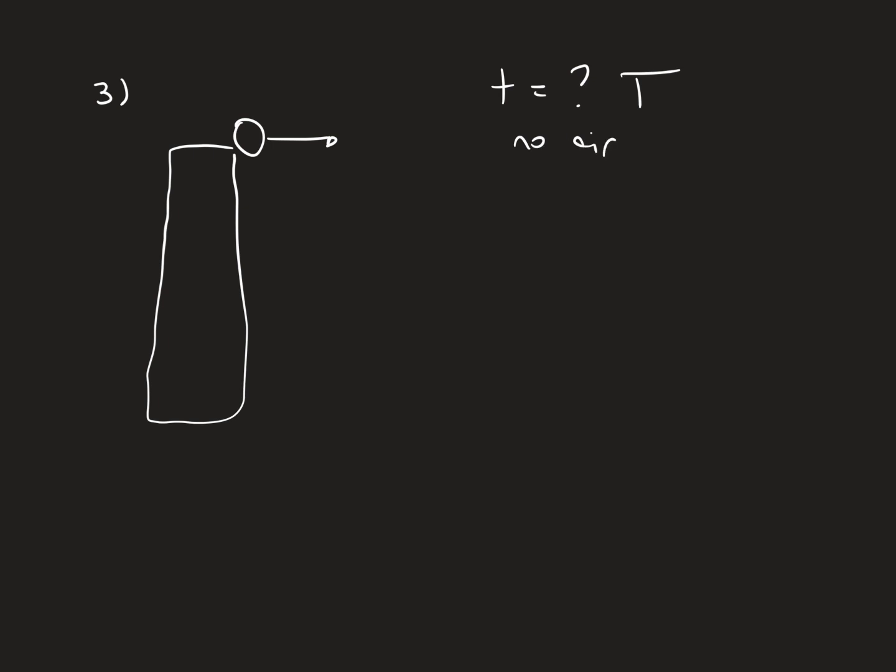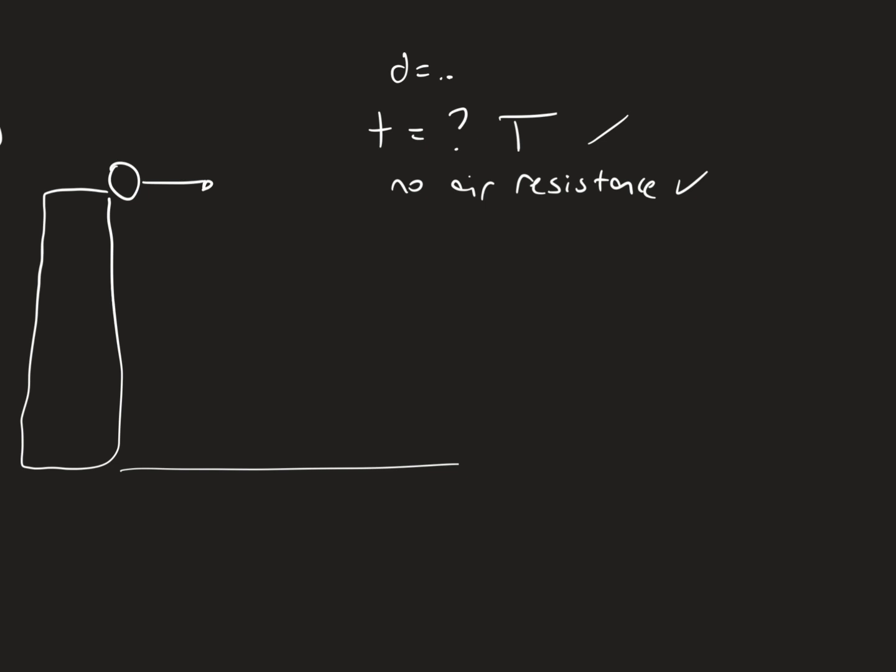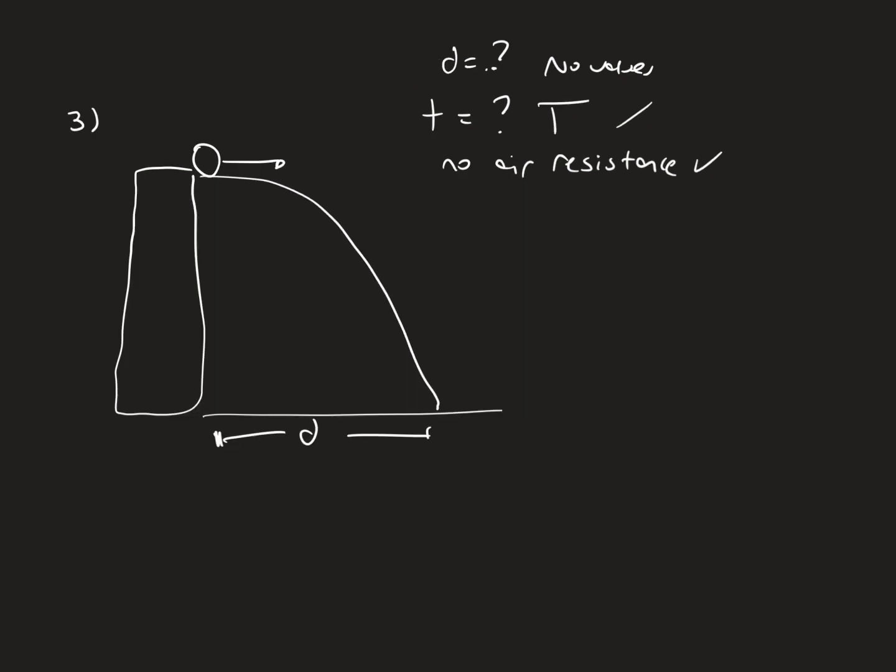So let's write down what we have. No air resistance, time t. So we also don't know the distance. So it's going to be no values for t or d. So this is the distance, and this is a representation of the ball after it lands to the floor.